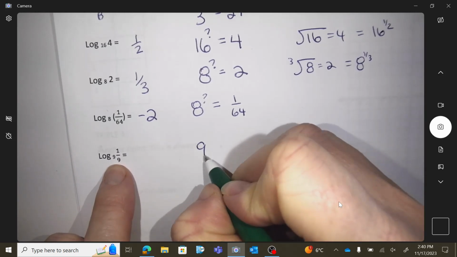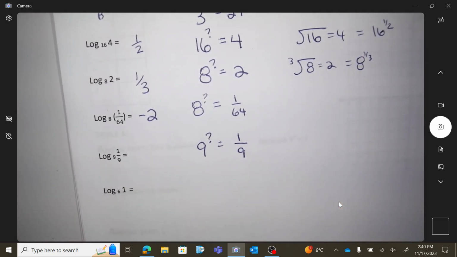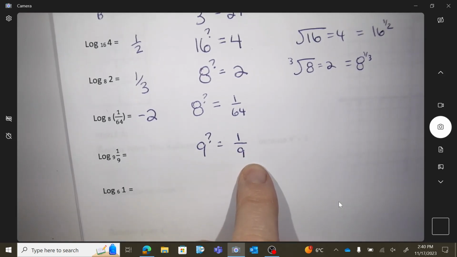Okay, base 9 to what would make 1/9? So looking at the answer, it changed positions. What happens when something changes positions? Negative.